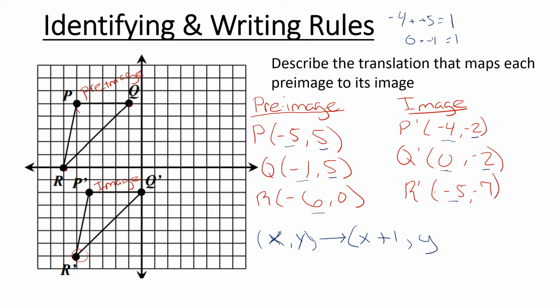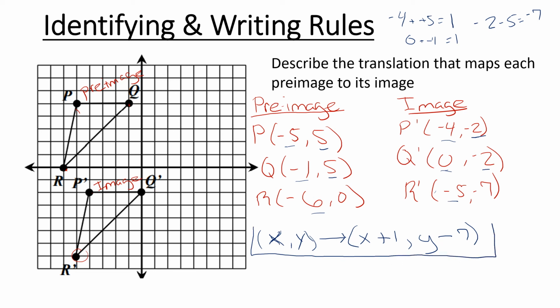If you cannot see that, let's try it up here. If we subtract -2 minus 5, that gives me -7. And so my translation is y minus 7. And this is my answer here.